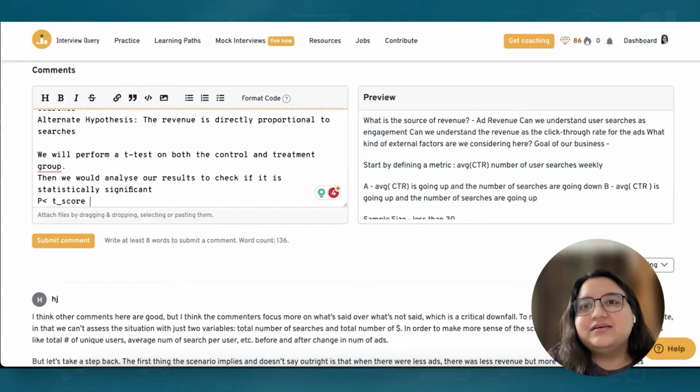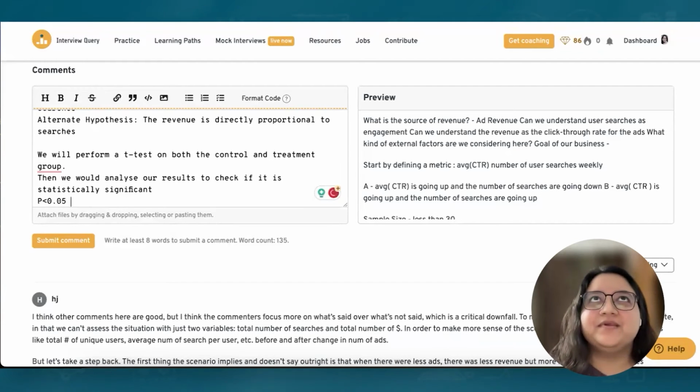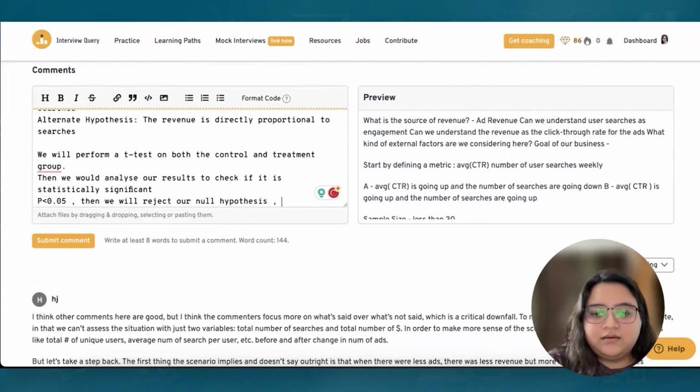Do you mean less than alpha? Yeah, less than alpha, 0.05. Yeah, right. Okay. Then we will reject our null hypothesis. Else we will accept it.